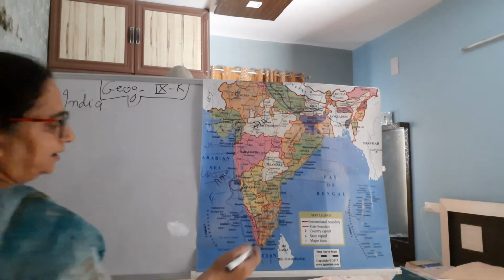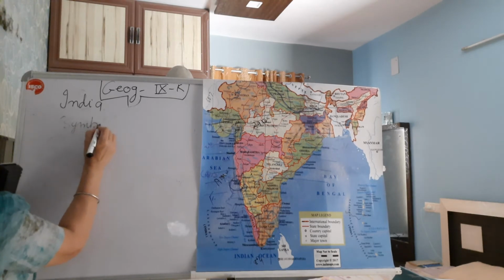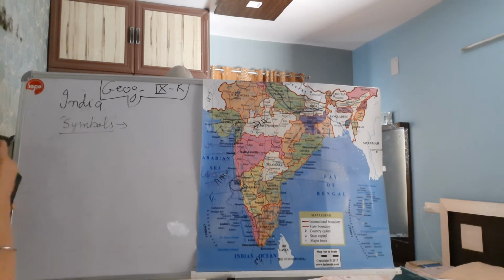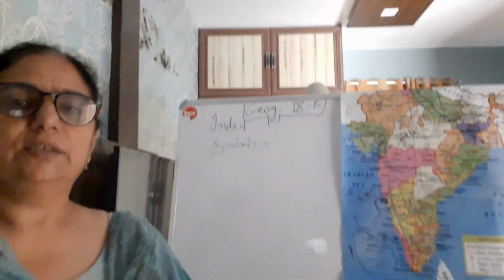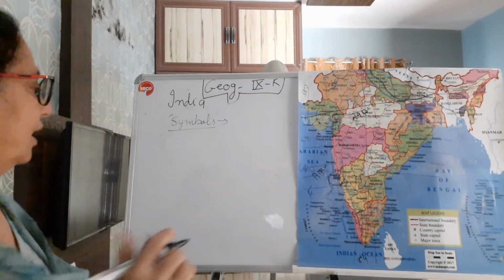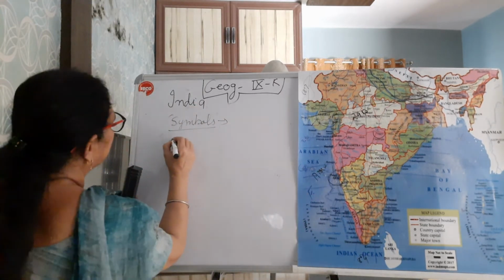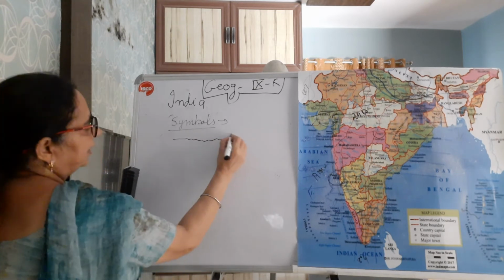Generally, these are the symbols used to demonstrate different types of things on a map. International boundary is somewhat thick in this way, right?